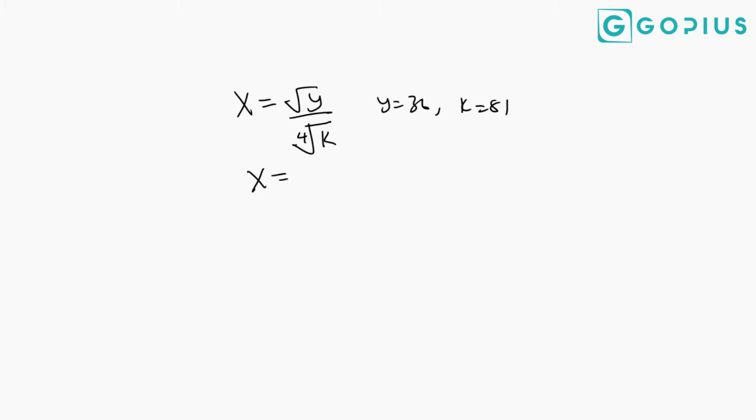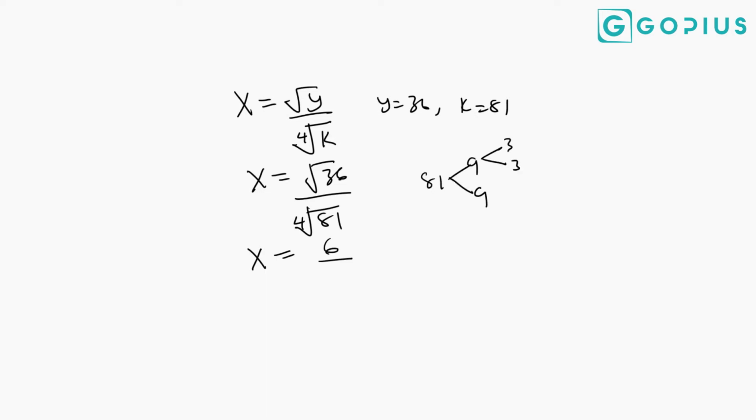Alright, so we have that x is equal to square root of 36 now, since y is now 36, divided by fourth root of 81. So square root of 36 will give us 6, divided by fourth root of 81, which means a number that if we multiply, of course, 4 times, we have 81. Now 81 is actually 9 times 9 and 9 is 3 times 3.